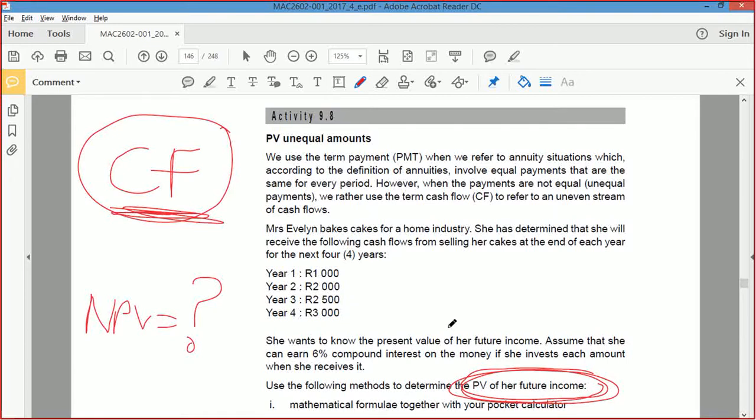The first thing that I'm doing is I'm making my T0 zero. Good.